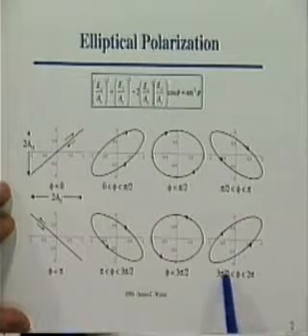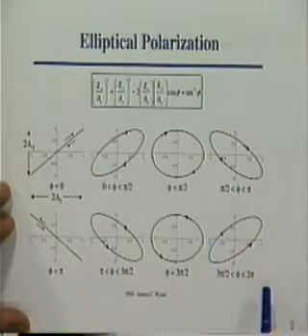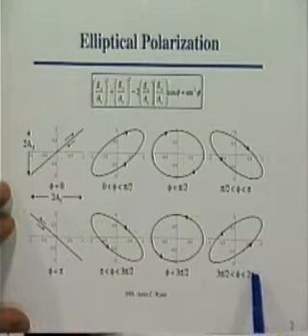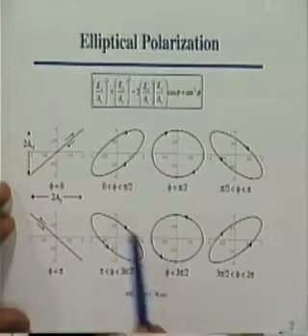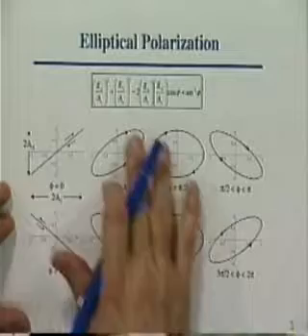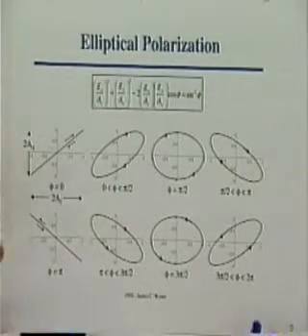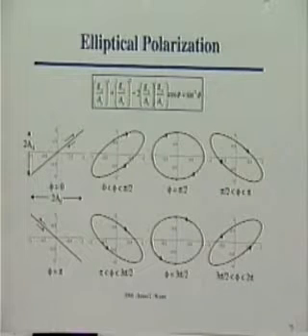Between 3 pi over 2 and 2 pi, some orientation like this, again counterclockwise. And when we get to 2 pi, we're back here, equivalent to phi being equal to 0. So that is a plot of what the ellipse looks like for different values of phi.